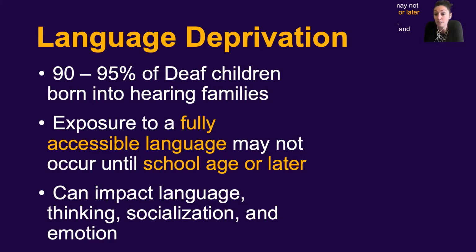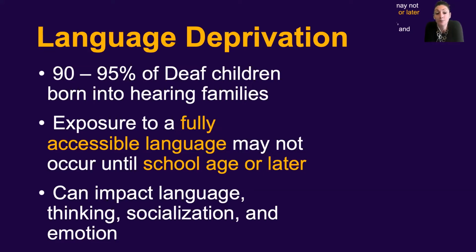For some families, that might mean the parents choose to learn sign language. For other families, if the child benefits from a hearing aid or some sort of other device, maybe it means spoken English or some other choice. It's all about whether that exposure is fully accessible to the child. So it's not an easy thing to do.